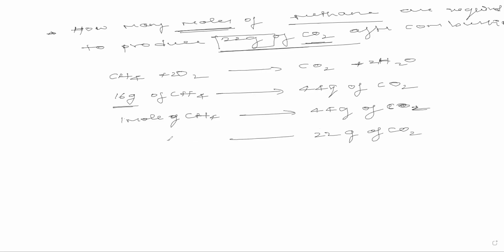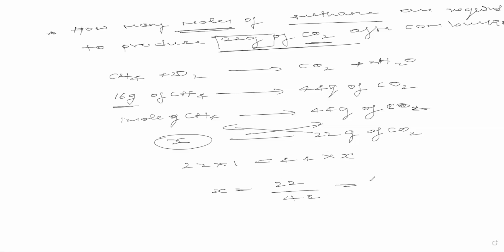Now, how many moles of methane is required? So unitary method you have to do. In unitary method, for 1 mole, 1 mole will get 44 grams, so 22 into 1 equal to 44 into x. So x equal to 22 divided by 44, that gives out 1 by 2.